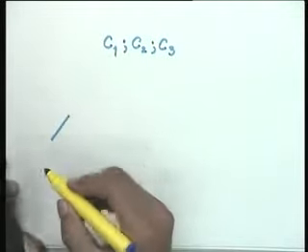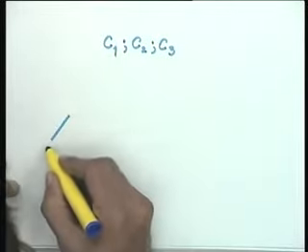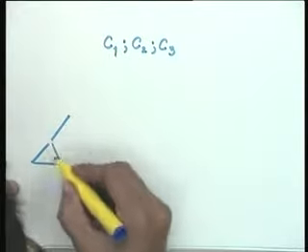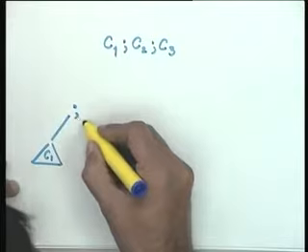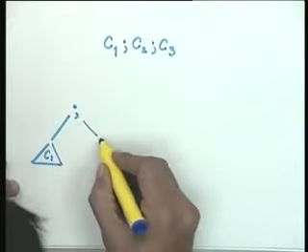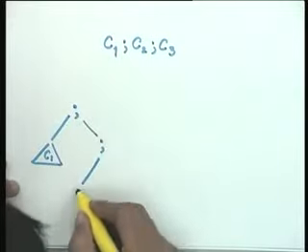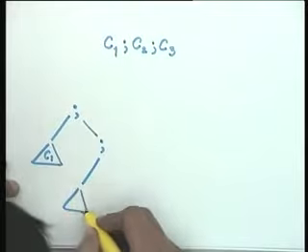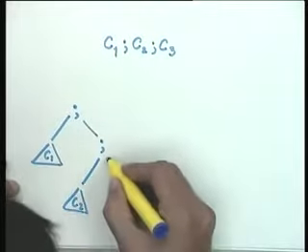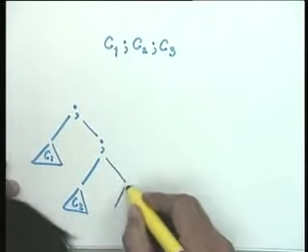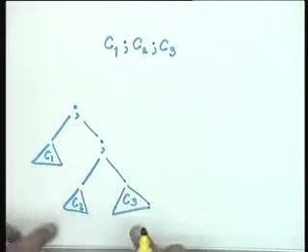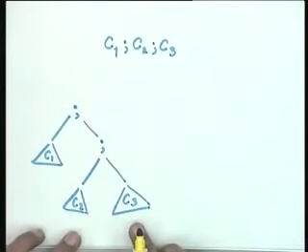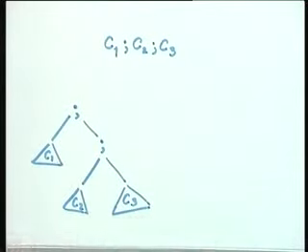these three commands actually give you two different parse trees. So you could, for example, have a parse tree like this. I am drawing triangles here to denote that these commands themselves can expand into trees.